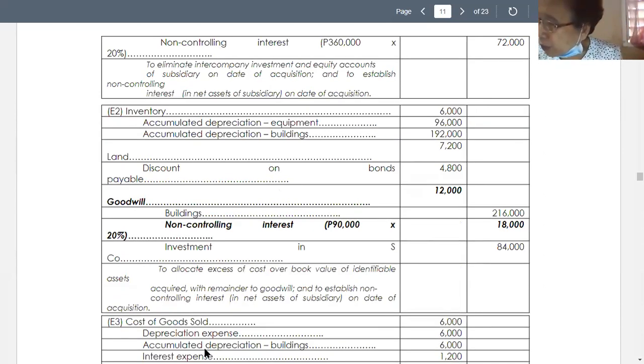Now this is the partial goodwill approach. And then we credit the account building for 216,000. We credit non-controlling interest for 18,000. And we also credit investment in S company for 84,000.